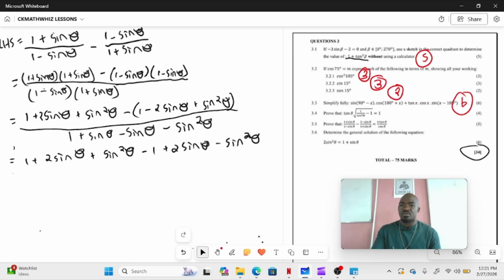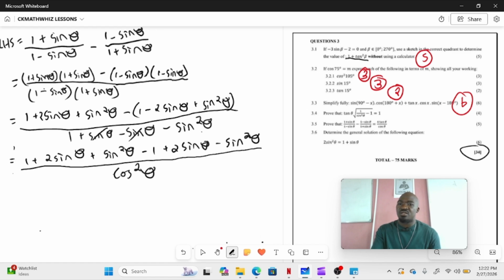It's very difficult to draw a line here. So this and this, they cancel already. We're left with 1 minus sine squared theta, which is cos squared theta. Is there anywhere I made a mistake? No. This and this cancel, and this cancels.